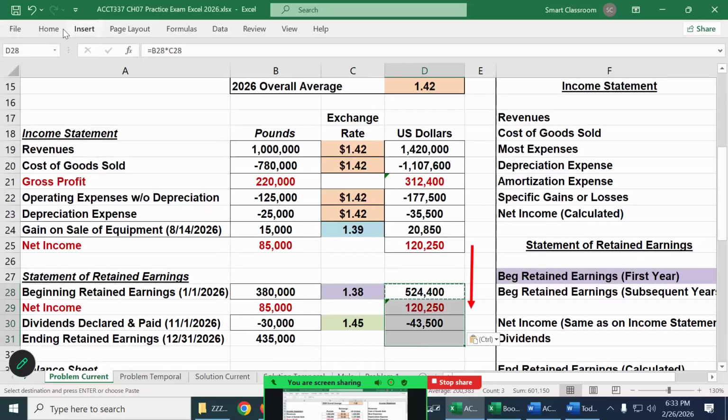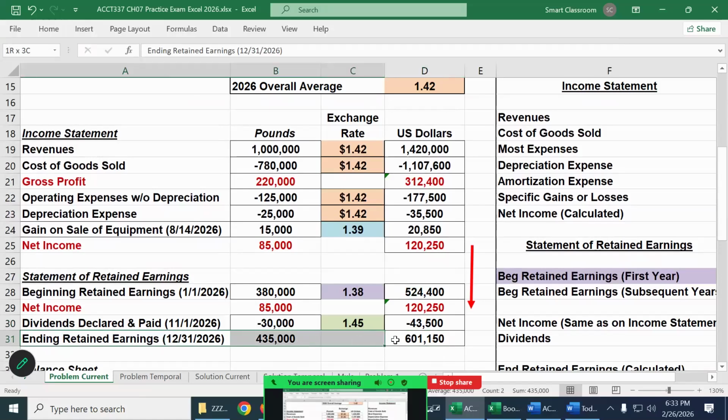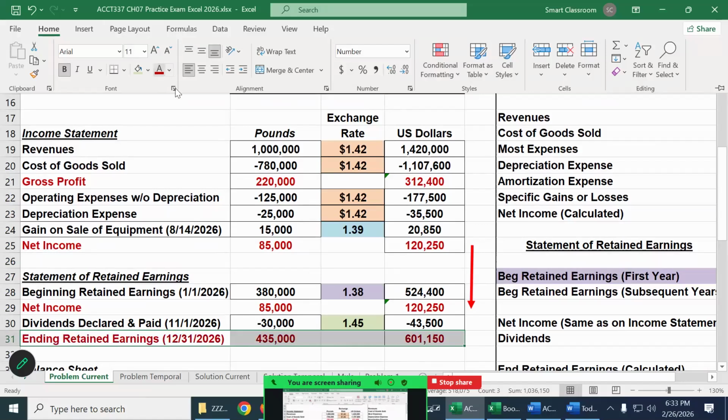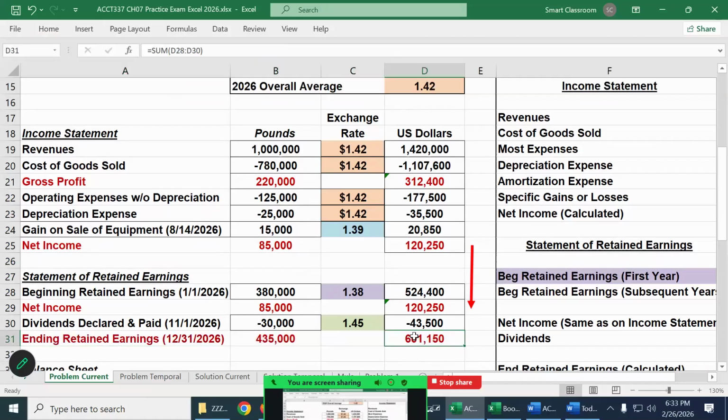And so this will be our ending retained earnings, and this is from 12/31/26. Next year, this will move out to be the beginning for the next year, and then we go through the whole process again. And again, this is going to be a composite. What do you call a composite?